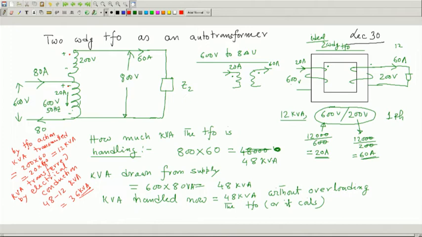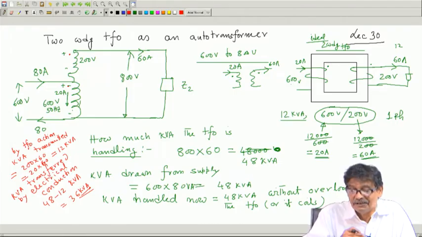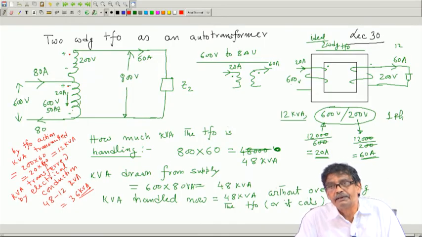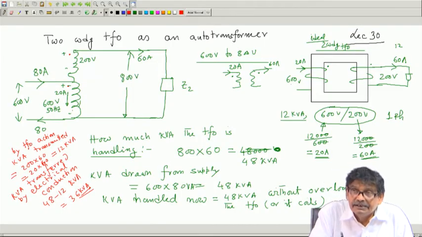So, this is quite interesting to note, that a two winding transformer will carry rated currents, will have rated voltage across it, and still it can transfer much more kVA, provided you connect it in this fashion.